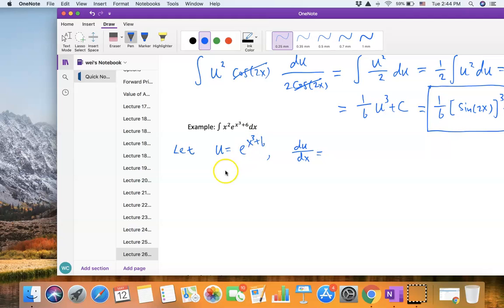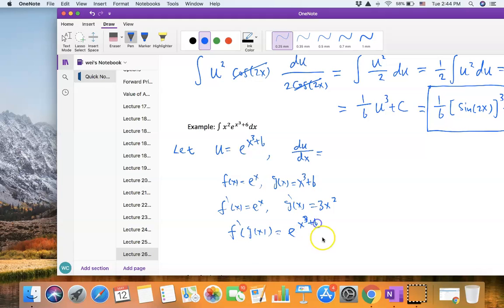Here the outer function is e to the x, and the inner function is x to the third plus 6. So f prime of g is e to the x to the third plus 6, and g prime is 3x squared. So the derivative is e to the x to the third plus 6 times 3x squared.